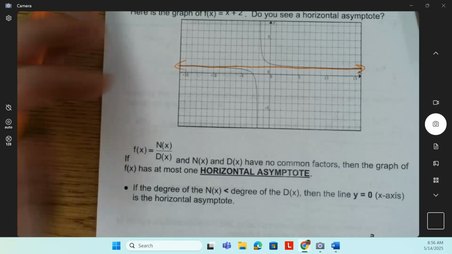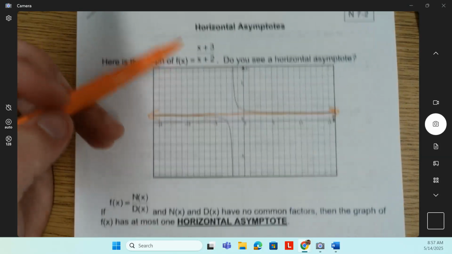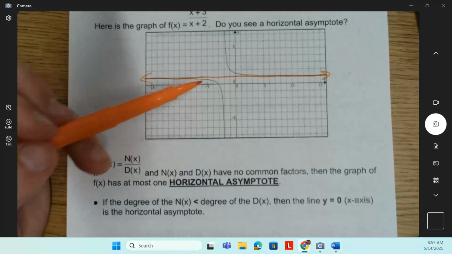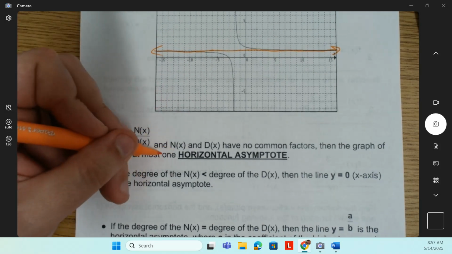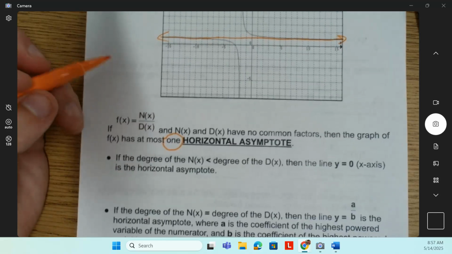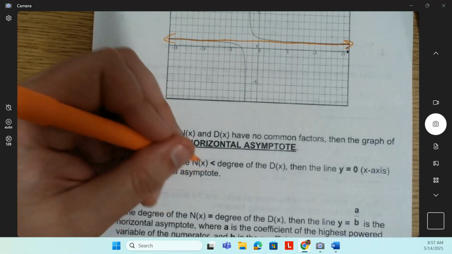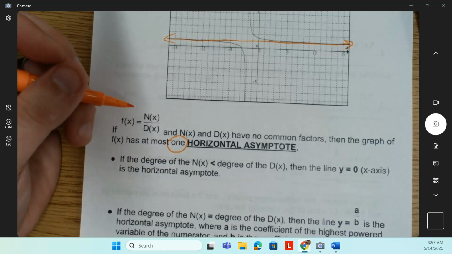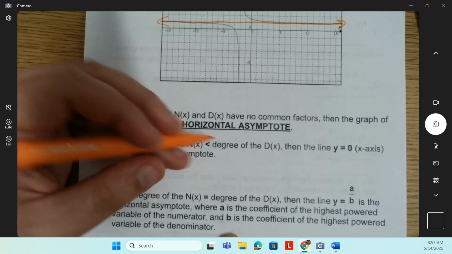You have this n(x) over d(x), and assuming that it's as simplified as possible with no common factors, then at most it's going to have 1, so it's either going to have 1 or 0. And if the top degree is greater than the bottom one, then it's going to be the line y equals 0 as far as the degree.